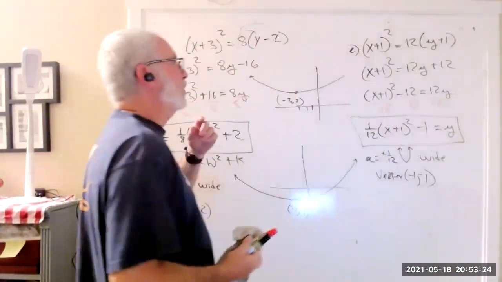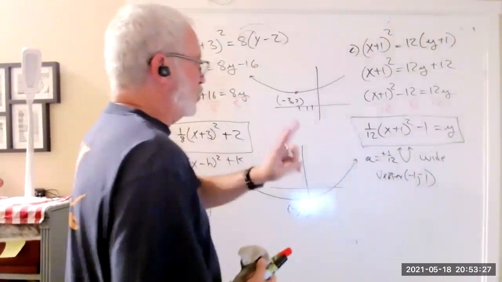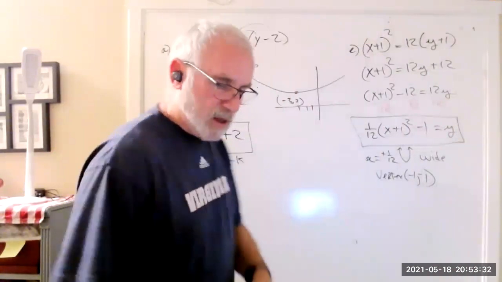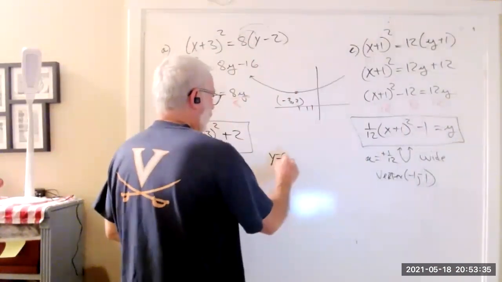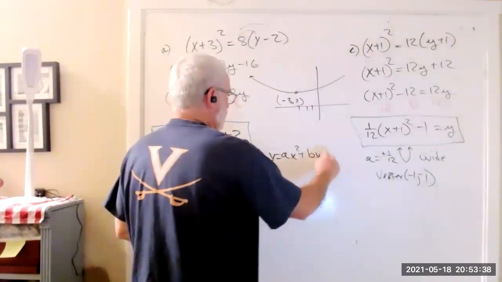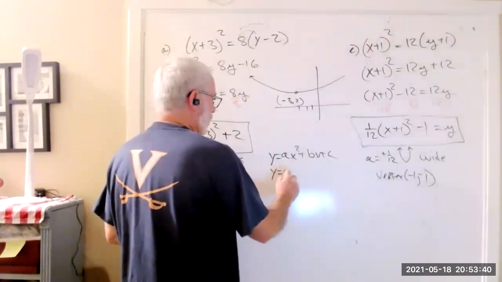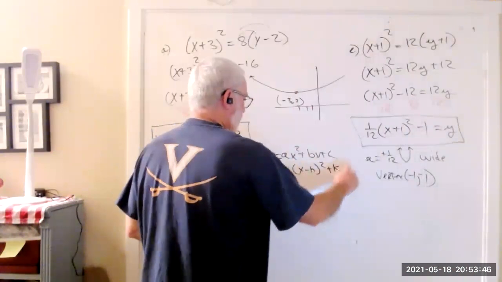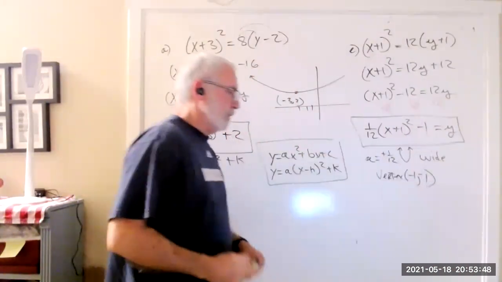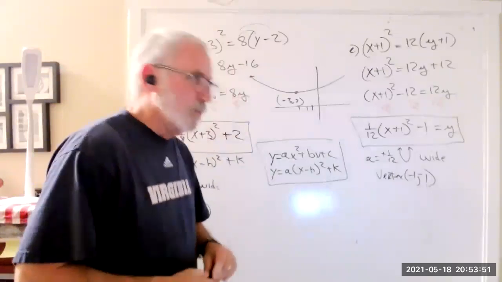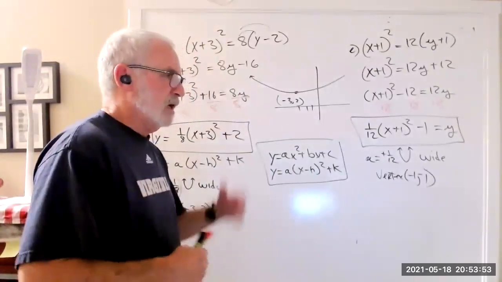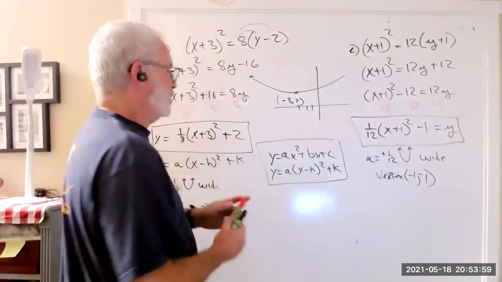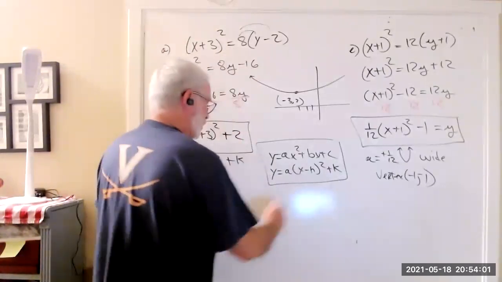What I said earlier was I only wanted to teach the two basic forms: either y equals ax squared plus bx plus c, or y equals a times x minus h squared plus k. Those were the only two forms that I wanted to teach, because if I start showing you all kinds of options, I'll confuse people. But what I said was there is another option.